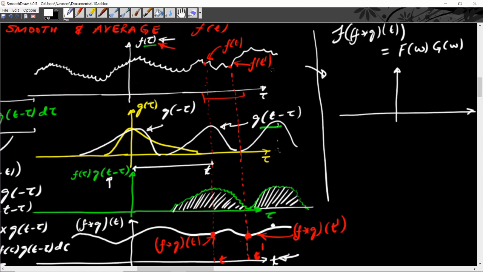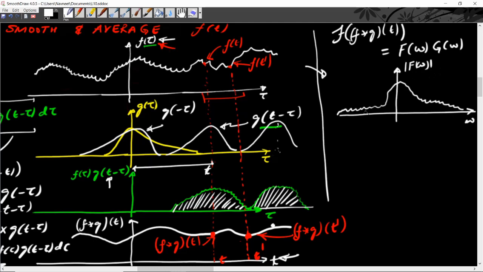Imagine that this function has a Fourier transform with a magnitude given by this. So this is my magnitude of F of omega.